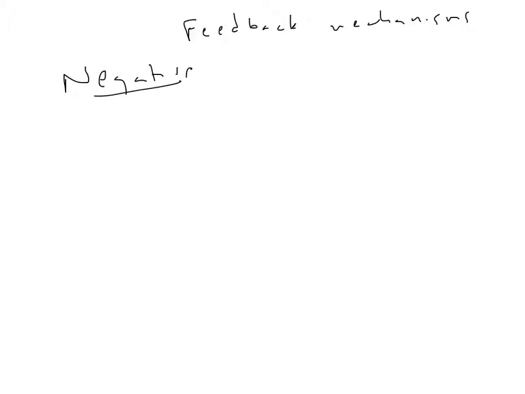So, a quick take-home message from this short little tutorial is really about the importance of these feedback mechanisms. We have two basic types: negative feedback and positive feedback. Negative feedback systems are basically regulatory systems.